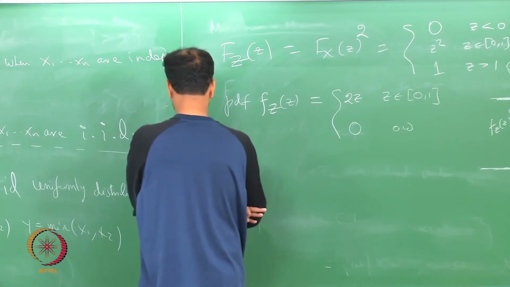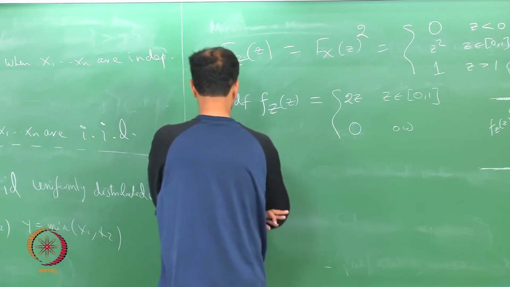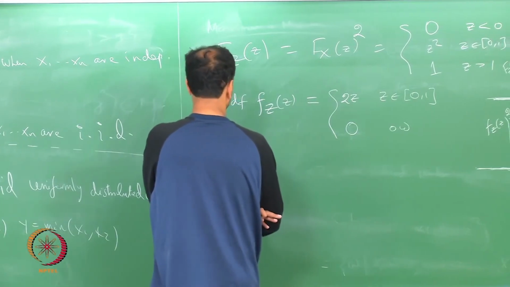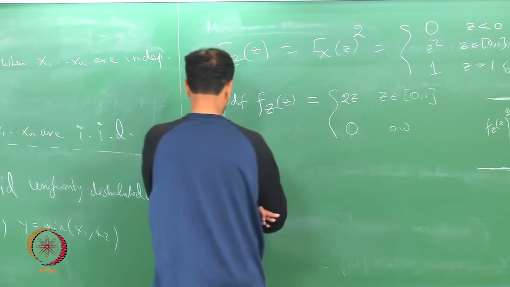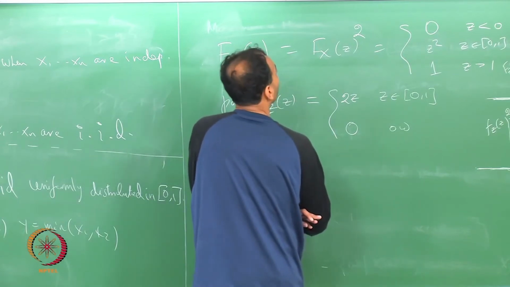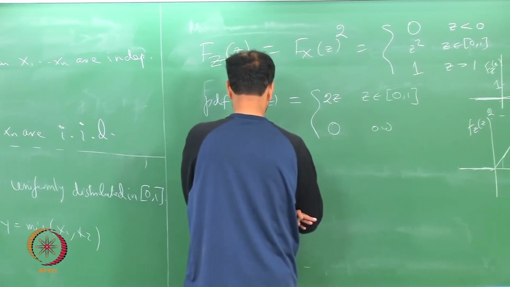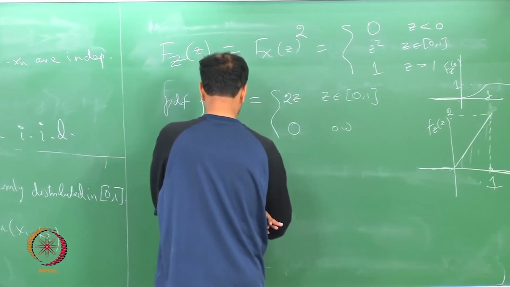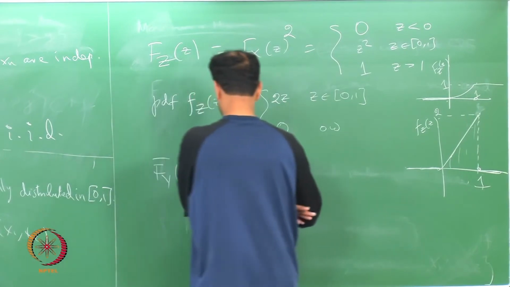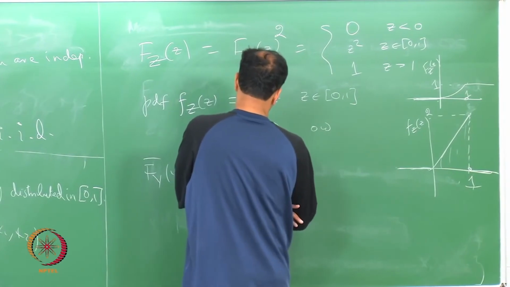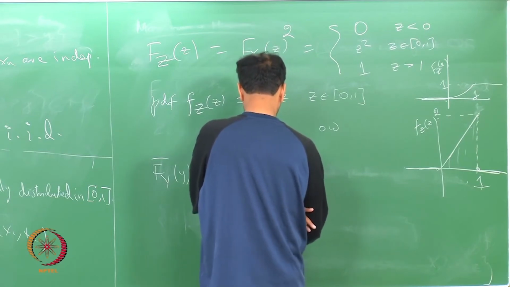Similarly you can prove that for y, the minimum, the complementary CDF F y bar of little y will be equal to 1 minus y whole squared, or 0, or 1 depending on whether y is less than 0, y is in 0 1 or y greater than 1.